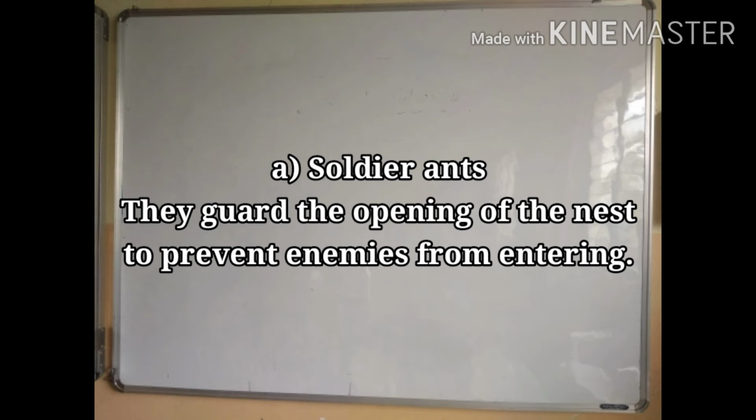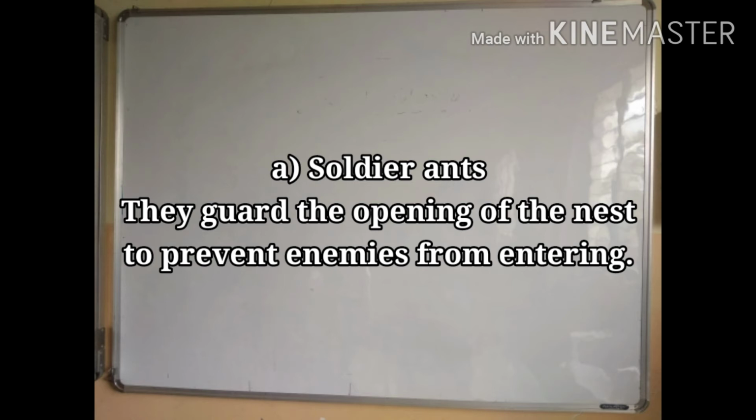There are the chambers, and those chambers open at the entrance. They guard the opening of the nest to prevent enemies from the outside. Understood? This is the work of soldier ants.